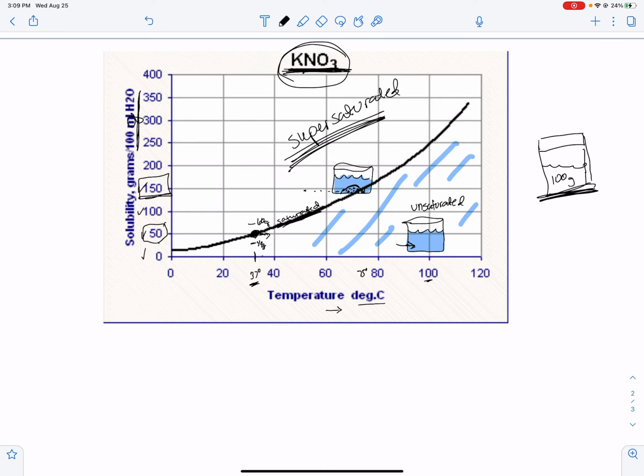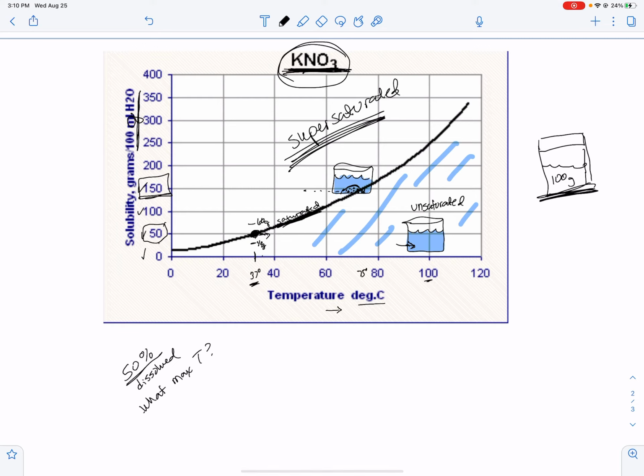You'll also get questions like, if 50% by weight is dissolved, what max temperature will all of it just barely be dissolved?